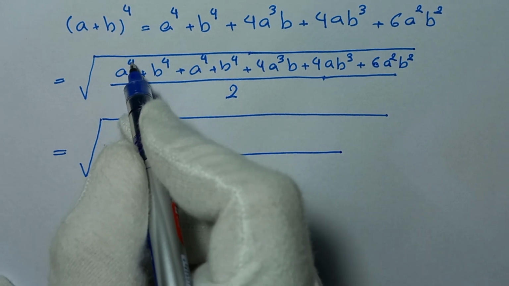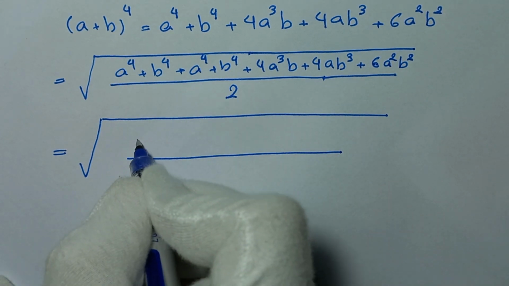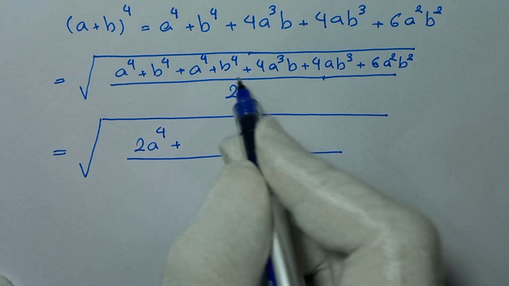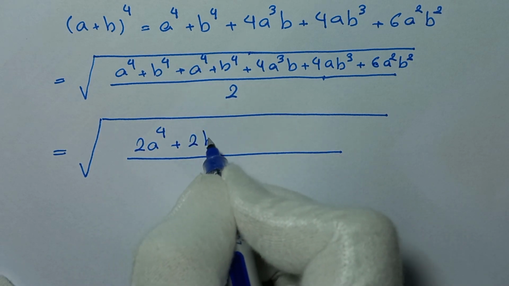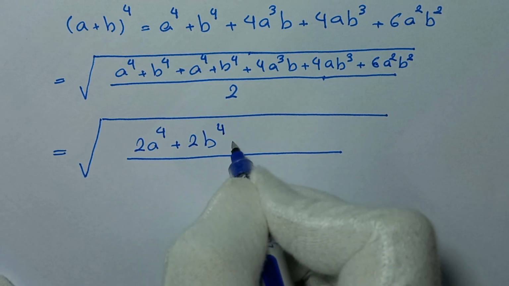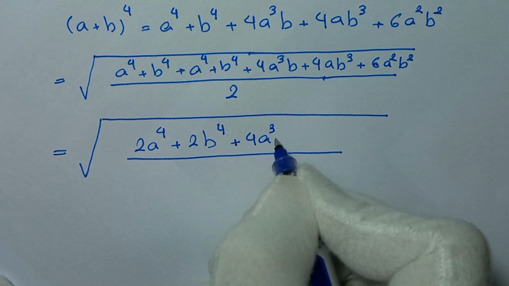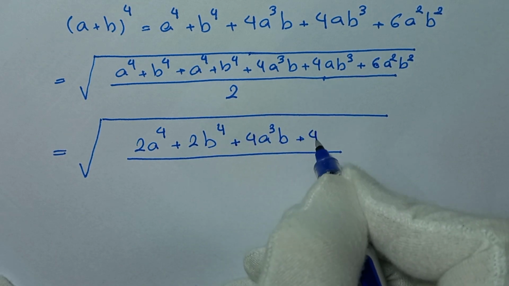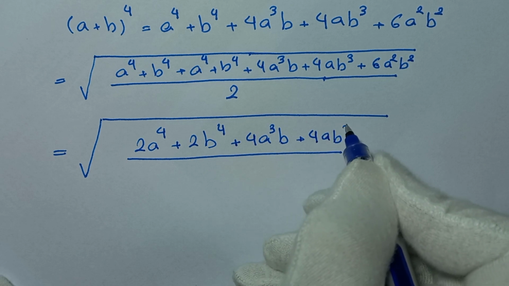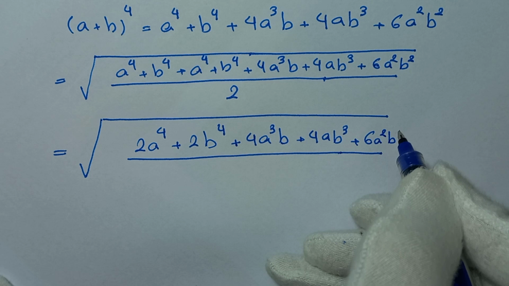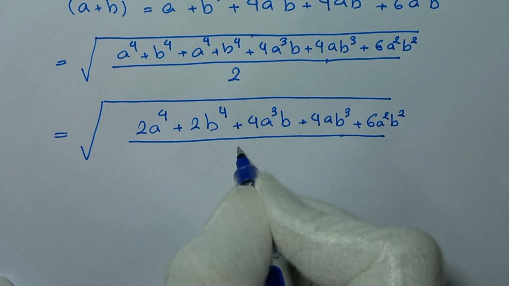a to the power of 4 plus a to the power of 4, it will be 2a to the power of 4, plus b to the power of 4 plus b to the power of 4, it will be 2b to the power of 4, plus here we have 4a cube b plus 4ab cube plus 6a square b square, and over 2.